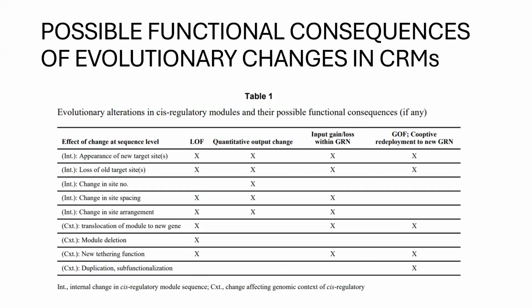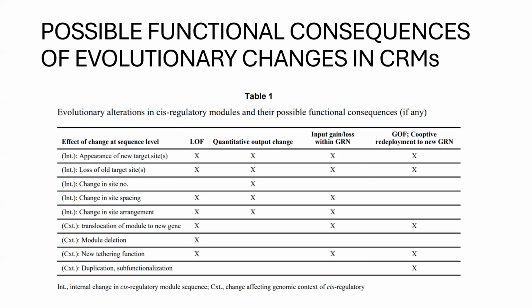You can get loss of function, quantitative output change, input gain or loss within GRNs, and gain of function, cooperative redeployment to a new GRN. Cool. Nevertheless, we have appearance of a new target site, loss of an old target site, change in the site number, change in the site spacing, change in site arrangement, translocation of module to new gene, module deletion, new tethering function, and duplication, subfunctionalization.